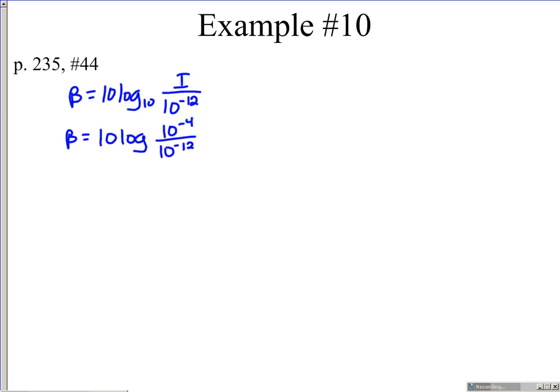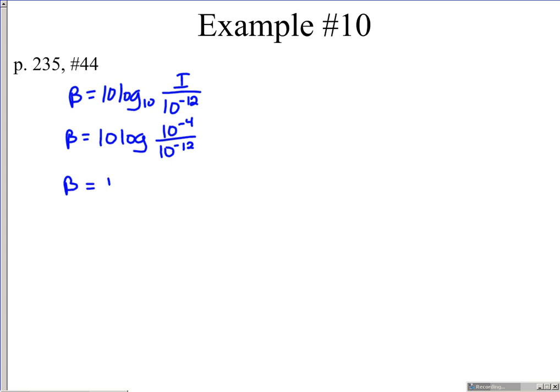So in 44, first of all, the formula we're going to be using here is beta equals 10 times log base 10 of I over I of 0, which they tell us is 10 to the negative 12th. So in letter A here, we're plugging in 10 to the negative 4th for I. So beta is 10 times log of 10 to the negative 4th over 10 to the negative 12th.